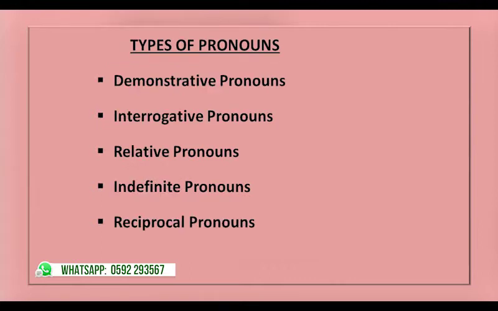But in our discussion, we also have demonstrative pronouns, interrogative pronouns, relative pronouns, indefinite pronouns, reciprocal pronouns. We'll be talking about possessive pronouns, demonstrative pronouns, and interrogative pronouns in our discussion.